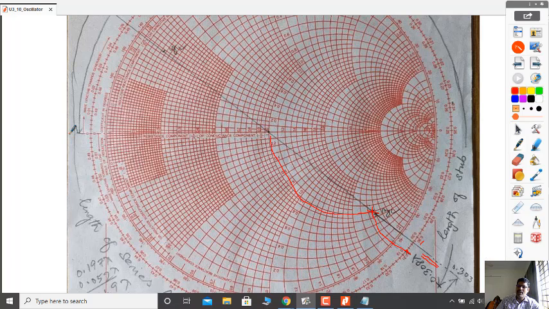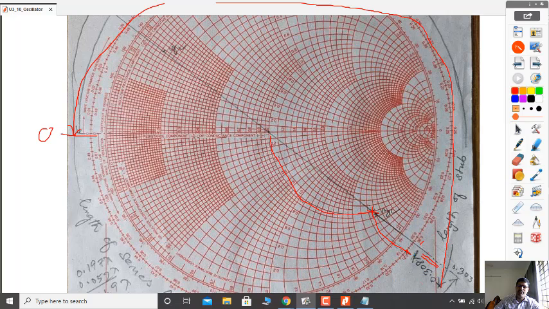Now you measure the open circuited stub from the extreme left end of the Smith chart. From here you measure the distance in wavelengths towards generator scale. You come all the way around the Smith chart and you stop here. This is 0.308 lambda.